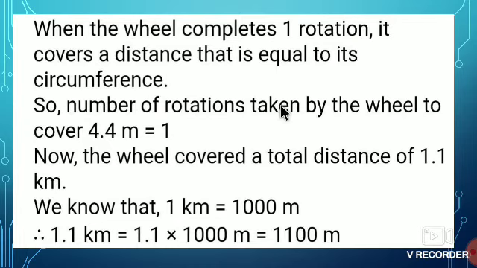So number of rotations taken by the wheel to cover the 4.4 meter, means the one circumference, is equal to 1. Now the wheel covered the total distance of 1.1 kilometer. We know that 1 kilometer is equal to 1000 meters. So 1.1 kilometer is equal to 1.1 into 1000, that is 1100 meter.